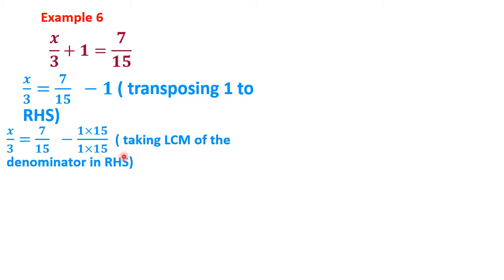Now our purpose has been solved. We can see that in both the terms, the denominator is 15. Once the denominator is equal, we can subtract the numerators. But we can never subtract directly unless we have the same denominators. We cannot subtract the numerators otherwise.